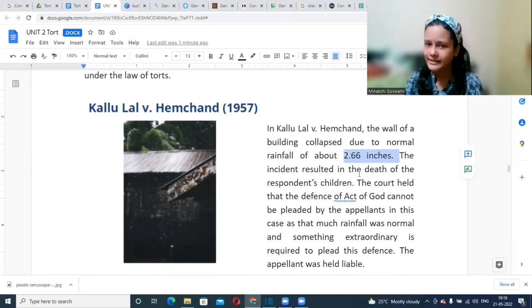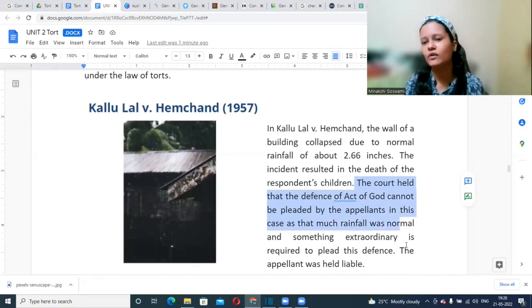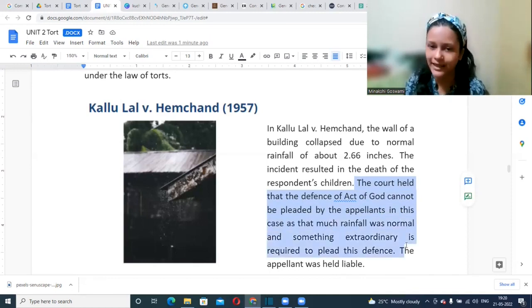The accident resulted in death of respondent's child, because the wall collapsed on him. He died, and a case was filed. The court held that the defense of act of God cannot be pleaded by the appellant in this case, as that much rainfall was normal, something that you can expect, and something extraordinary is needed.